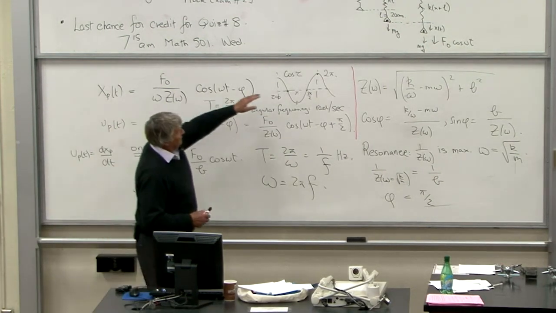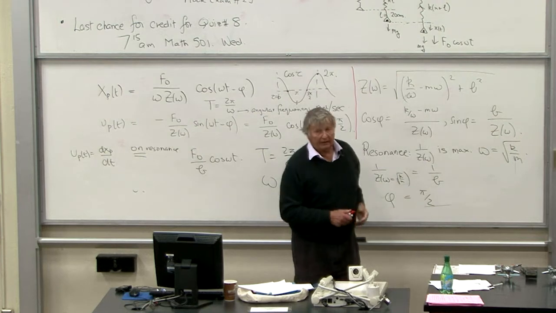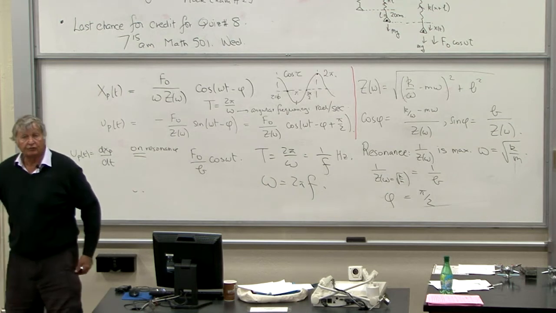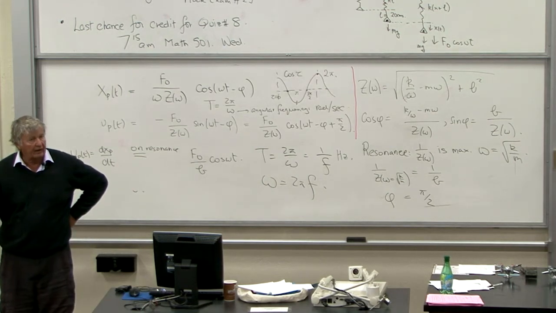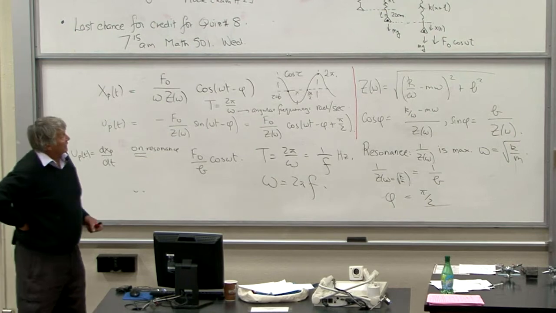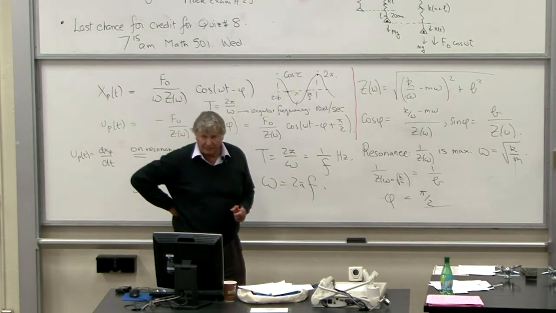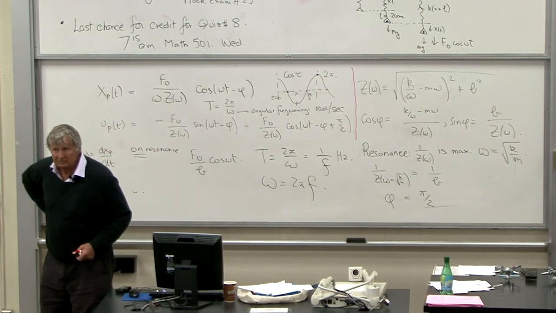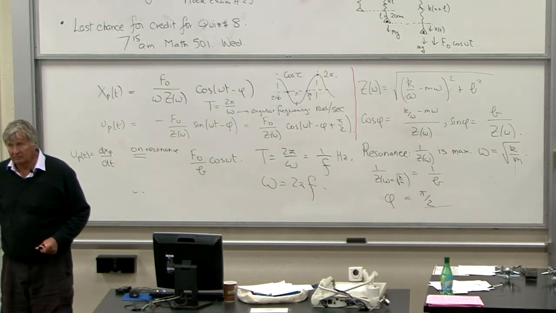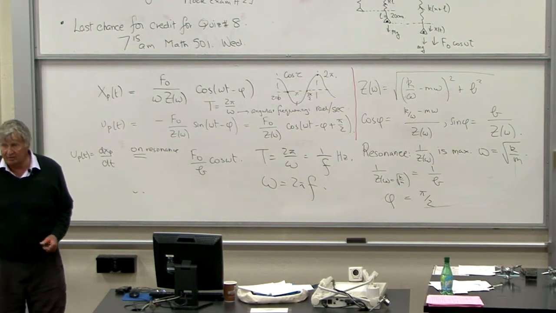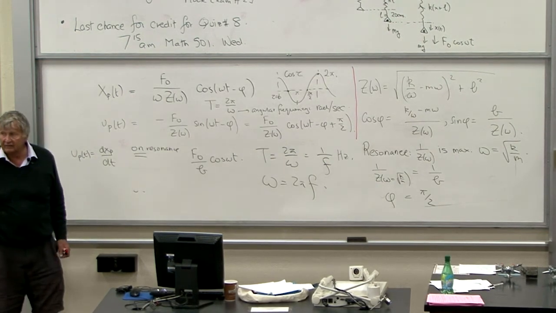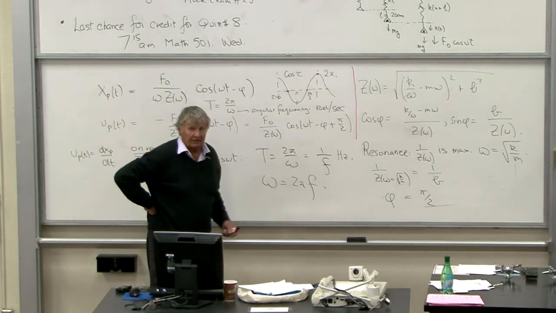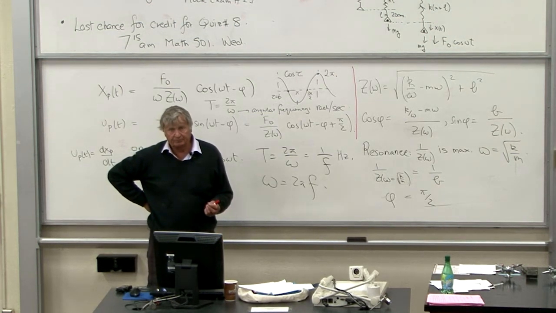So, for instance, in the LRC circuit, where you're forcing with some radio waves, the frequency f is roughly a megahertz, a million hertz. That's the frequency. The omega would be 2 pi times that. That is the frequency of the excitation.